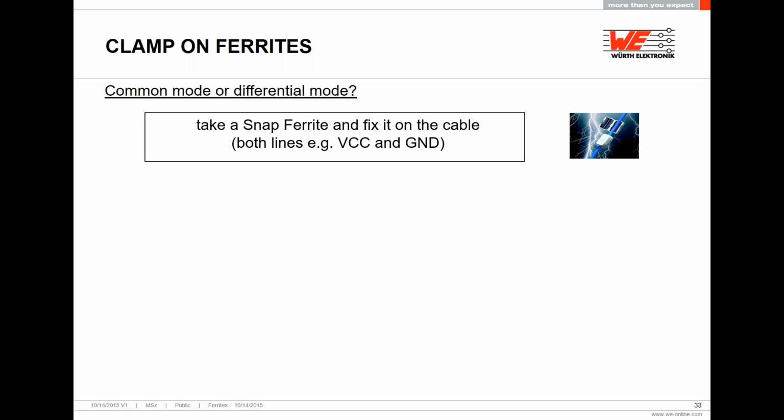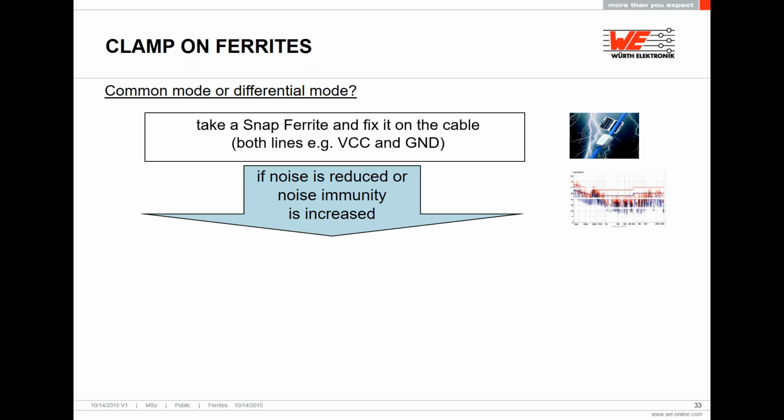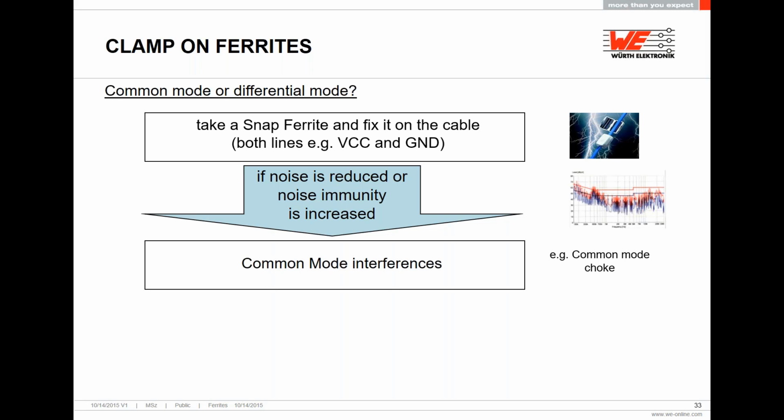In our case, if you simply apply a clamp-on ferrite onto the cable, both lines, VCC and ground, if the noise is reduced or the immunity is increased, then you know that you're experiencing a common mode problem.